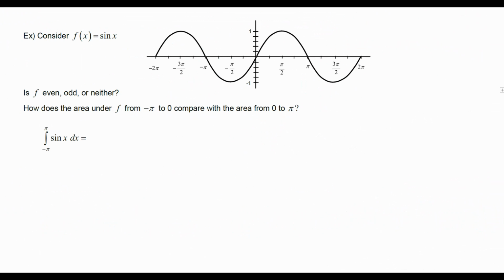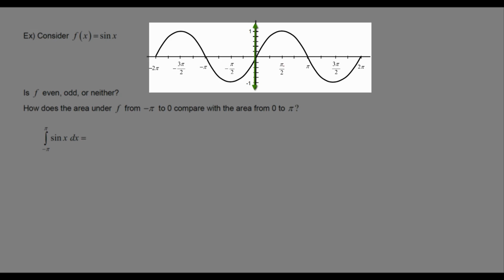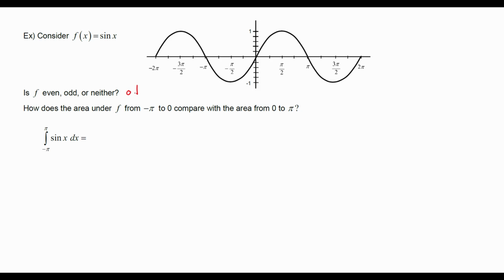How about the sine graph this time? Is the sine function an even function or an odd function? You can even see from the picture there, the sine function is an odd function since it's symmetric with respect to the origin. How does the area under f from negative pi to 0 compare with the area from 0 to pi?